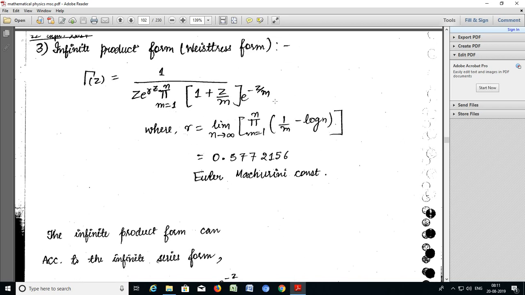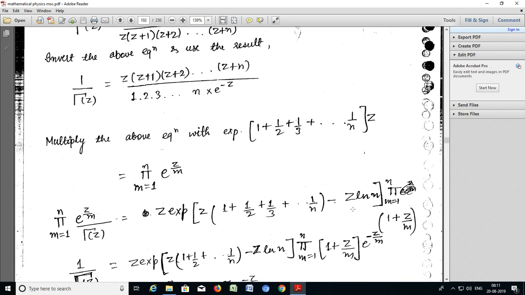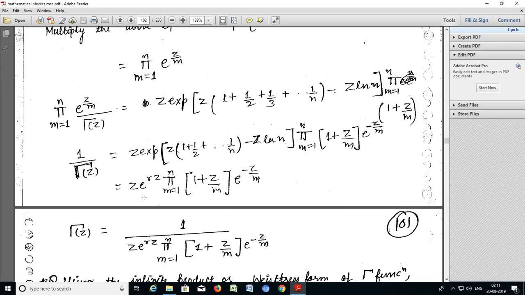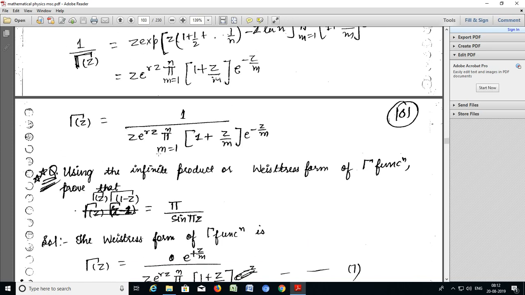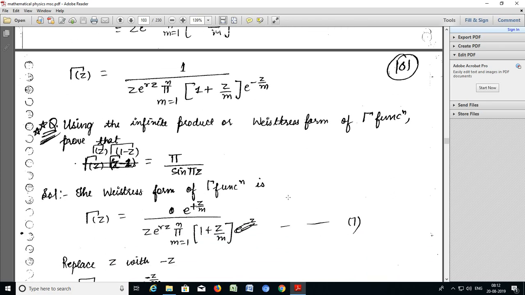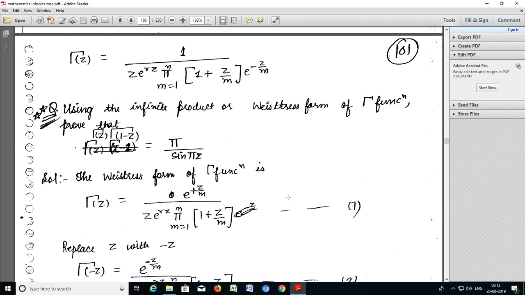So this is further equal to z e to the power gamma z, product of this, because we have already this expression written which is given in the question, that this gamma is equal to so much. So we can write z e to the power gamma z, product m equal to 1 to n of 1 plus z by m e to the power minus z by m. So what is gamma z? That is just the reverse of it. That is the answer.